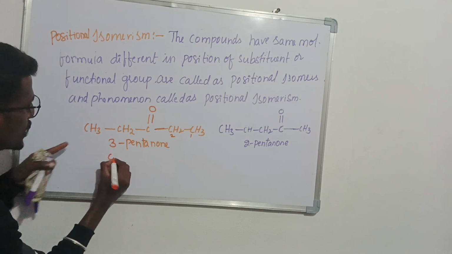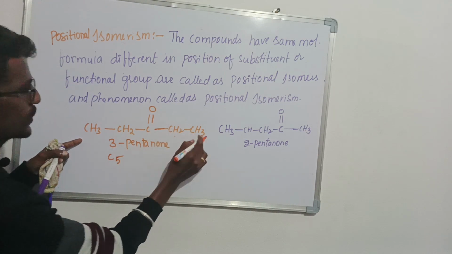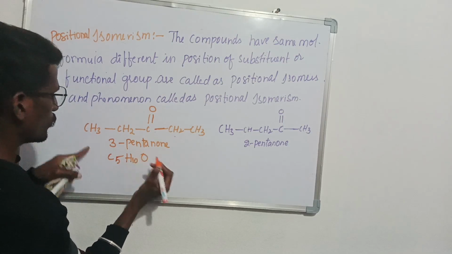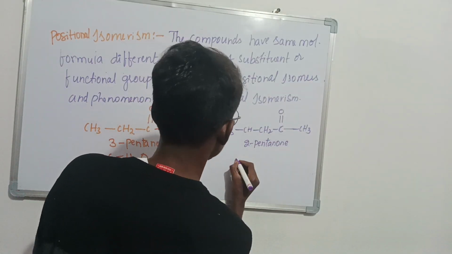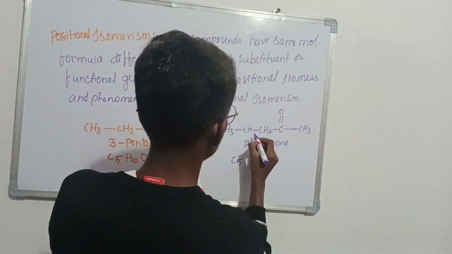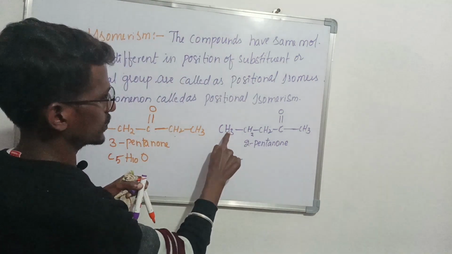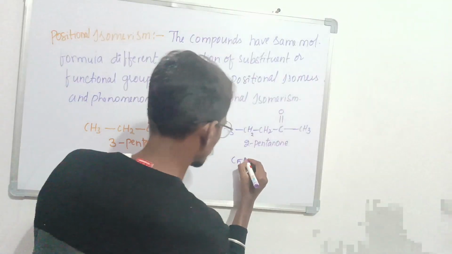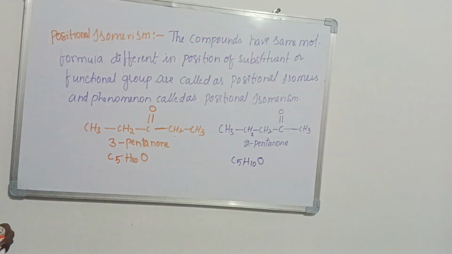C1, 2, 3, 4, 5, so C5, hydrogens 5 plus 5, H10, and O. CH3, 3 plus 2 is 5, 5 plus 2 is 7, 3 more is H10, and O. So same molecular formula.